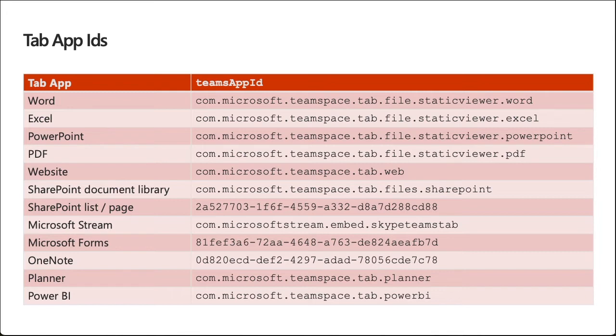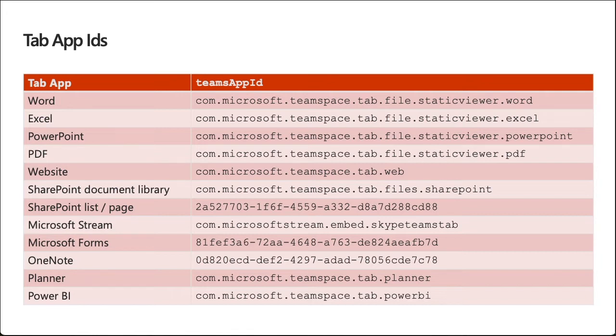We've got a lot of the Microsoft Office types like Word, Excel, and PowerPoint. And you can see that their Teams app ID is some sort of variation of com.microsoft.teamspace.tab.file.static.viewer, and then it's really the name of the actual app. As you see there, there's also a PDF type, which is a well-known Office type.